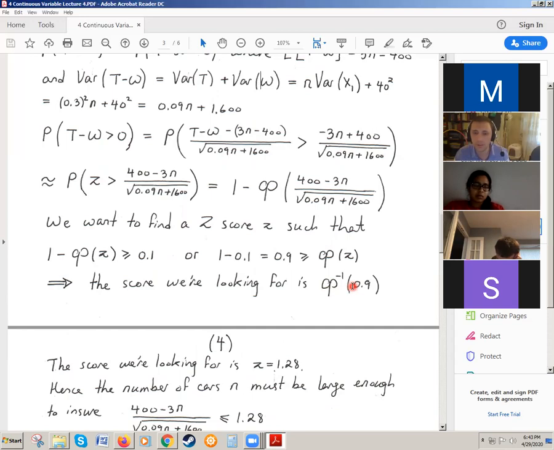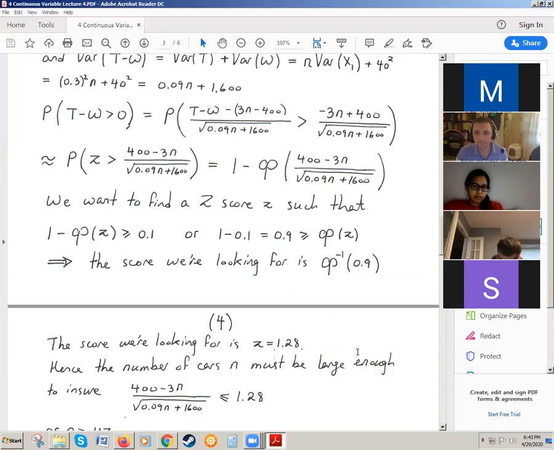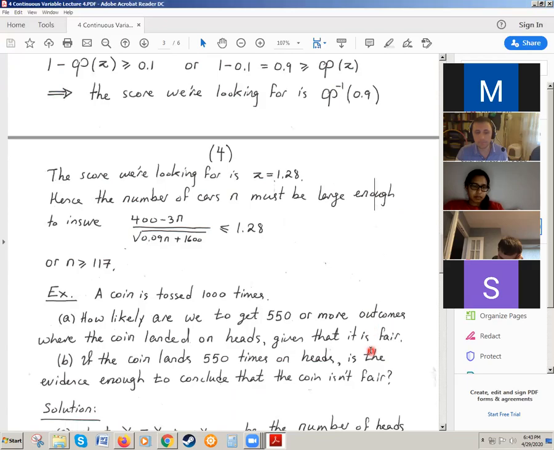That means the chance of damage is 10% or more. Yeah. So go ahead, figure out the probability that a coin lands on heads 550 or more times if the coin is fair.